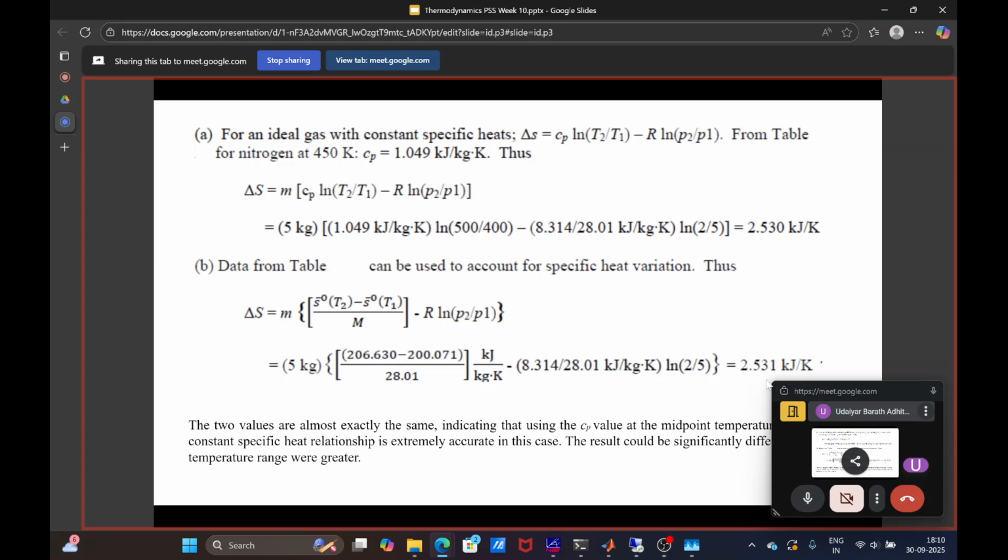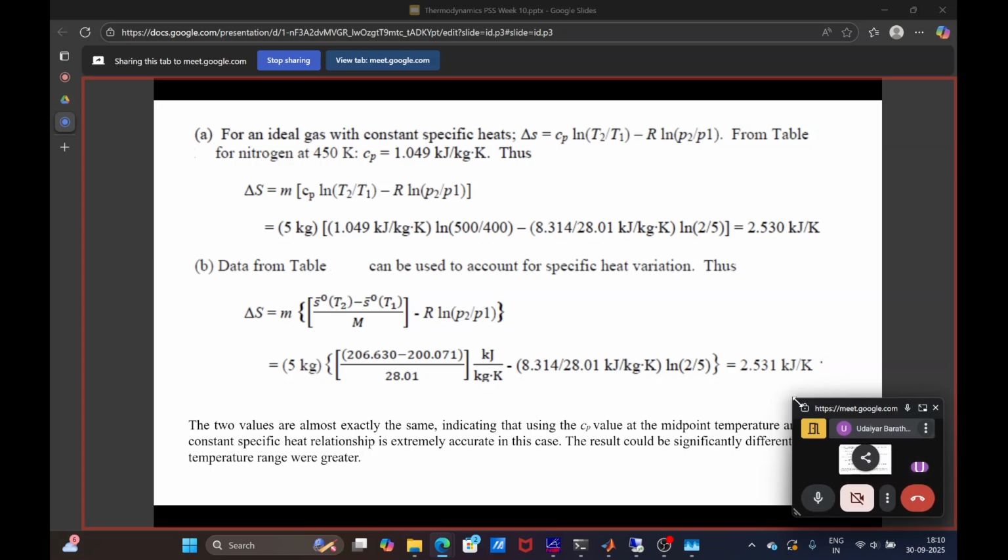This result could be significantly different when the temperature ranges are greater, or you have a very large difference in pressure. In that case, the values with this assumption will be too far apart from the assumption with varying specific heat.